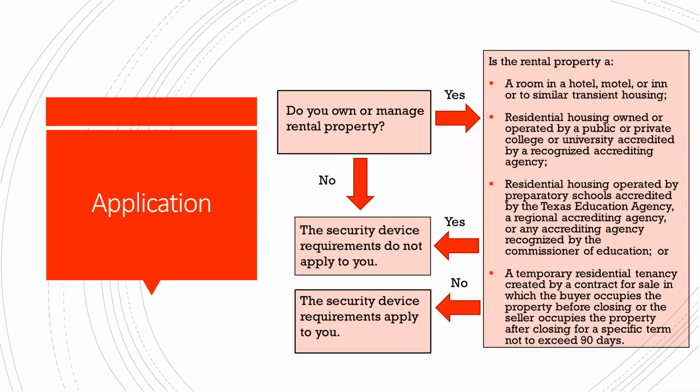That's for the seller's temporary residential lease. It'll have similar language for the buyer. So basically, if it's a temporary residential lease, the security device requirements don't apply. So that's whether the statute actually applies to a particular rental property.